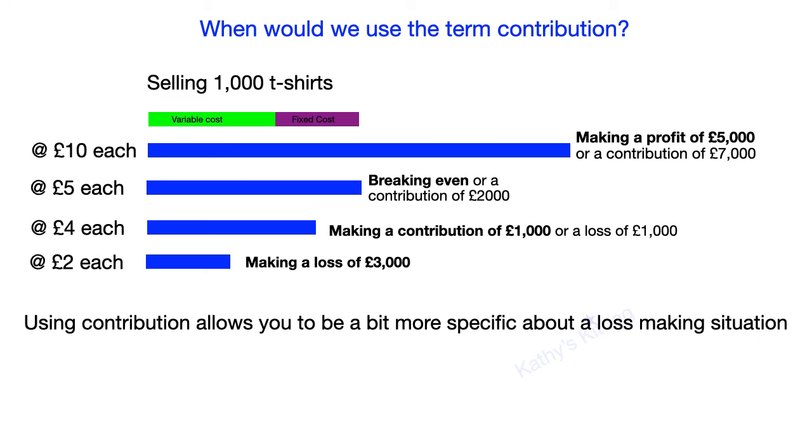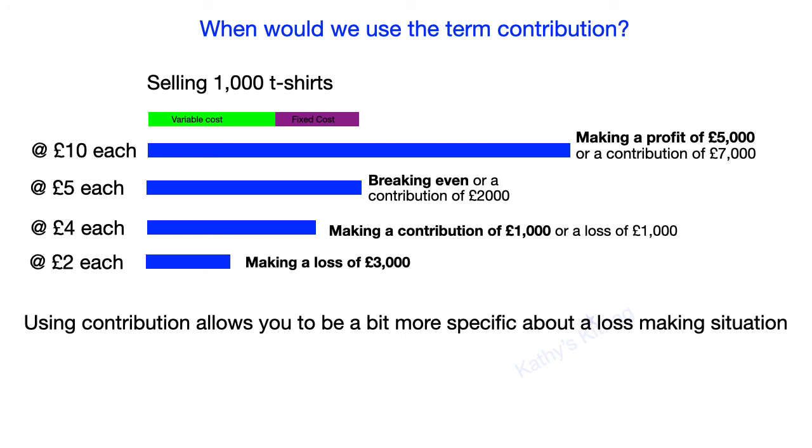However, it's a slightly different situation when you are starting to make a contribution towards your fixed costs, because many businesses have made quite long-term decisions. So if you're a shop or a restaurant and you've bought a premises or you're renting a premises, you might have a 20-year mortgage that you've got to pay off each month, or you might have a 10-year lease and you're committed to paying a rent payment each month.